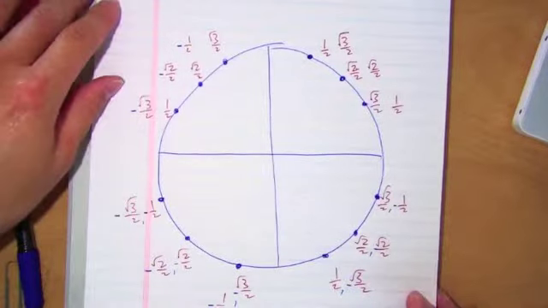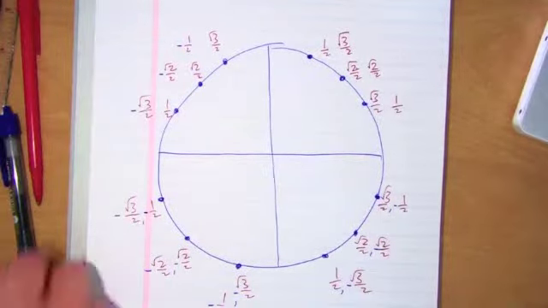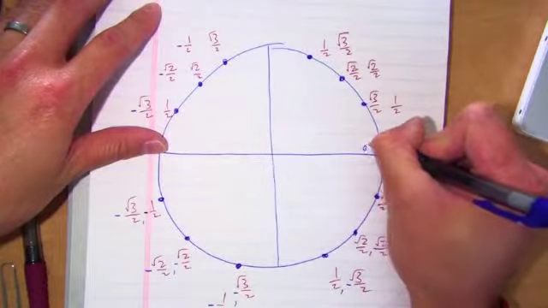Okay. Now I'm going to go ahead and go around and do the degrees. So this is 0 degrees.